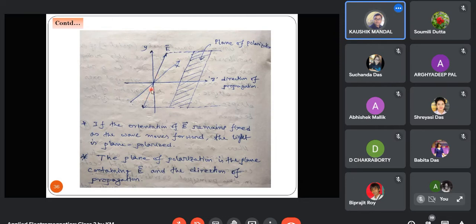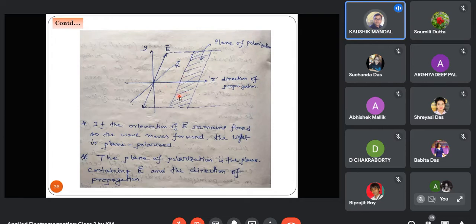At the same time, we are considering that the electromagnetic wave is propagating in the z direction. So now we have to imagine a particular plane on which this electric field vector lies, and also the direction of propagation. Then this particular plane will be called the plane of polarization.